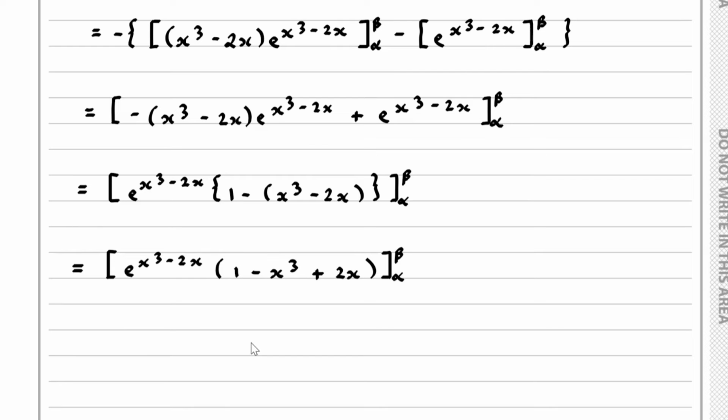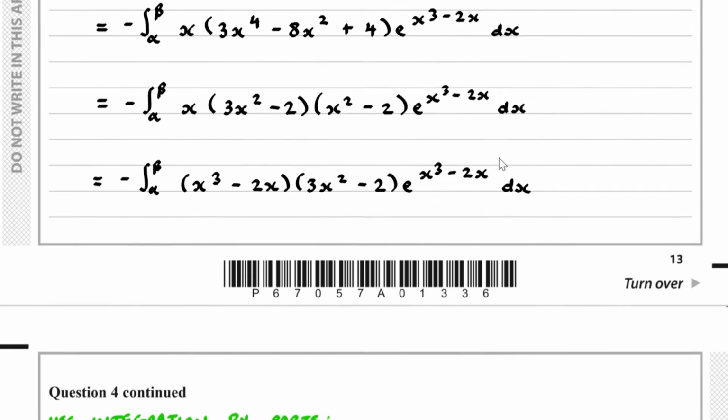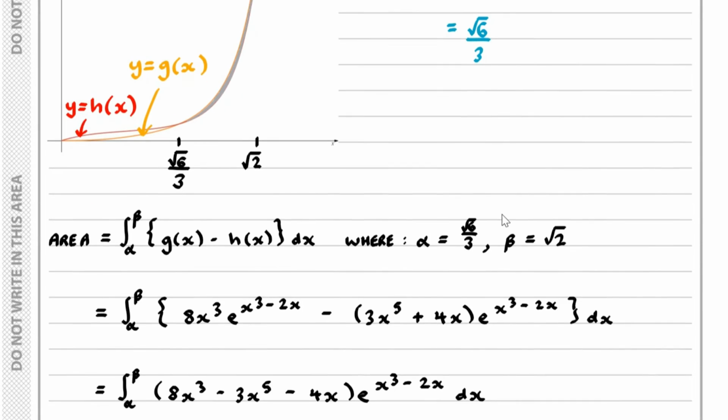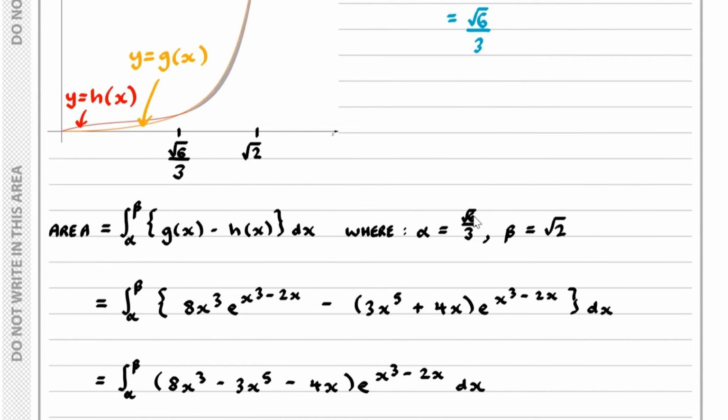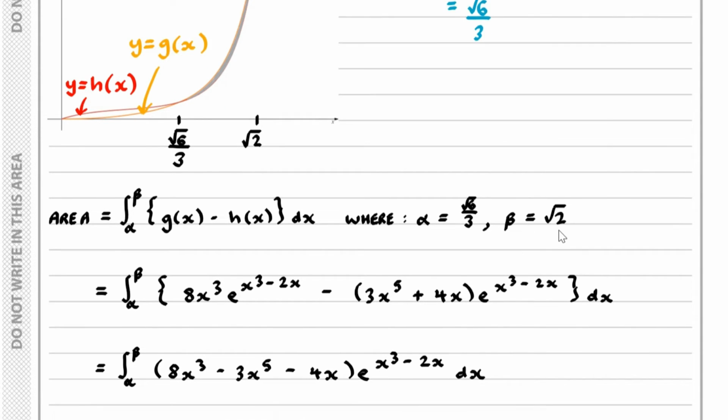So now we need to substitute in for alpha and beta, which we know is root 6 over 3 and root 2.